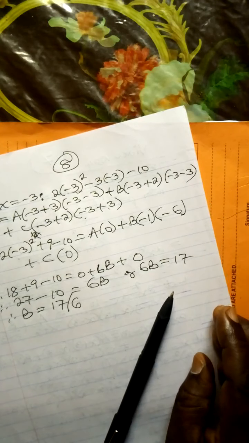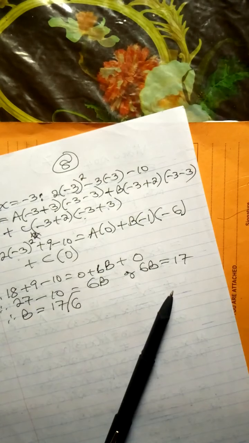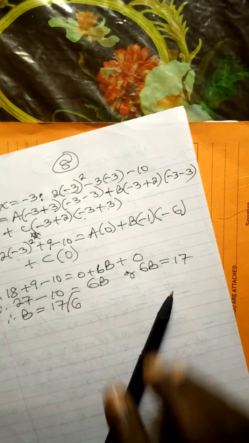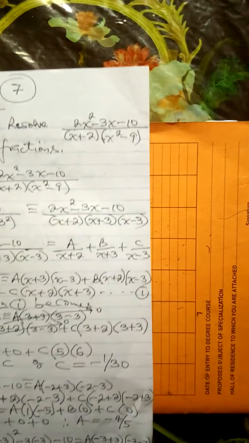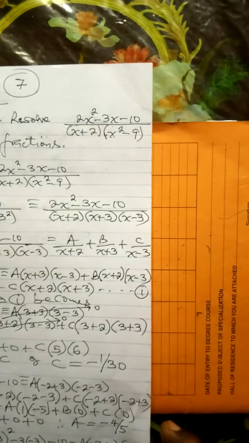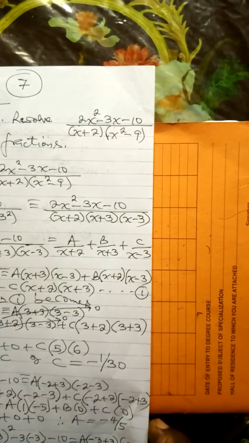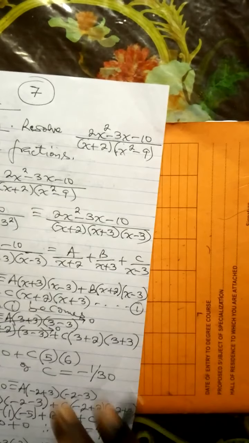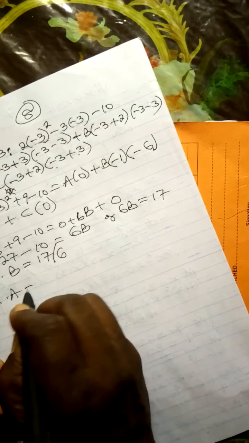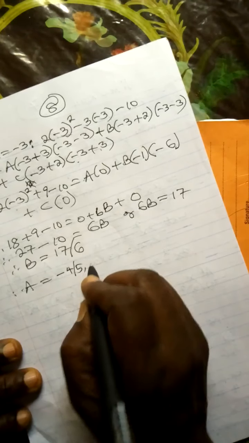Now, the value of B is known and the value of A is known, so we are now to find the value of C. Therefore, A equals minus 4 over 5.